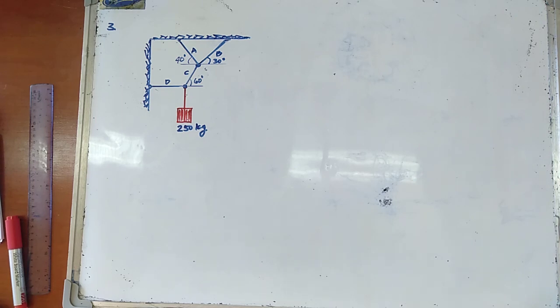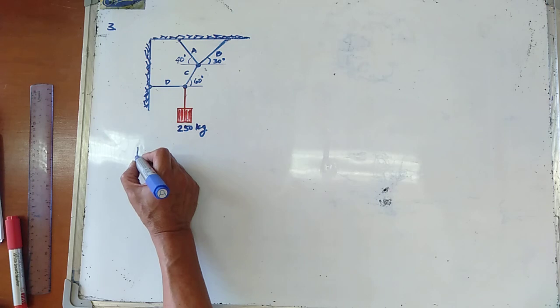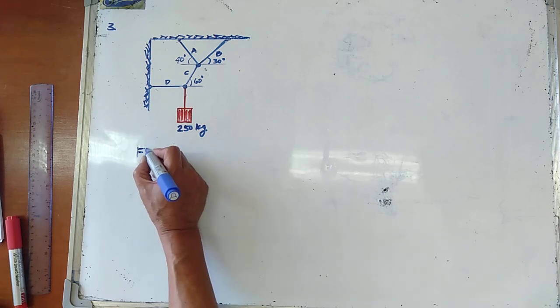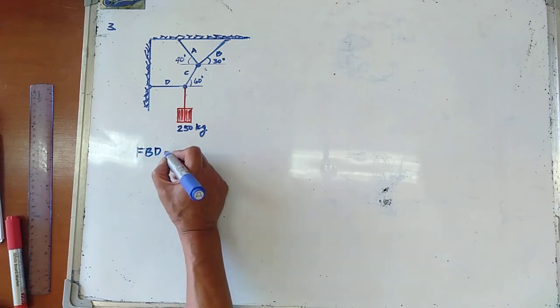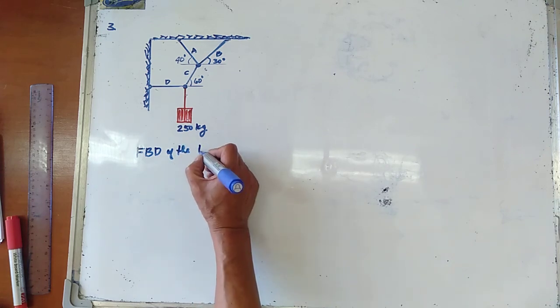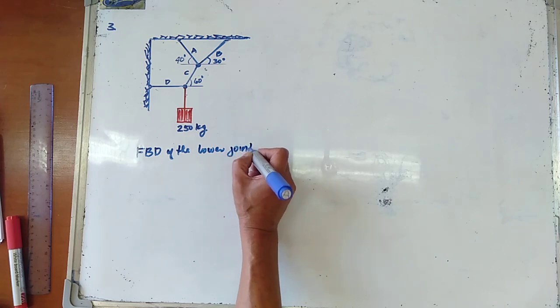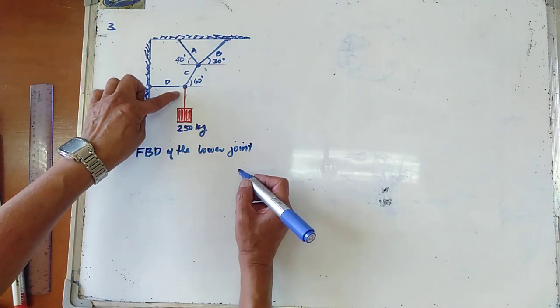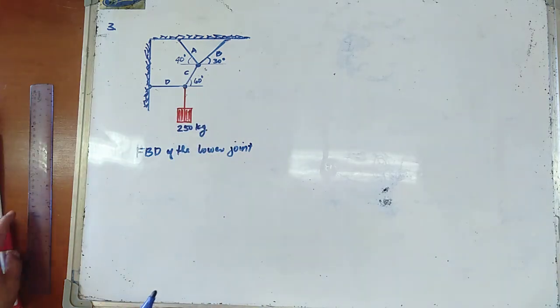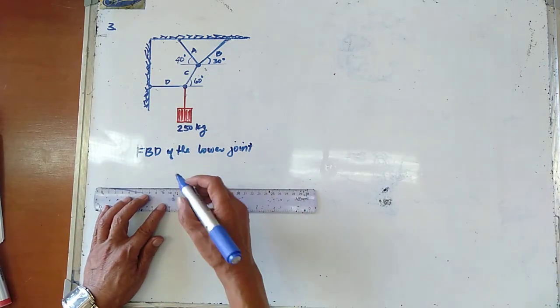So first, let us try to draw the free body diagram of the lower joint. So this is the lower joint. That is now the upper joint. So the free body diagram of the lower joint.